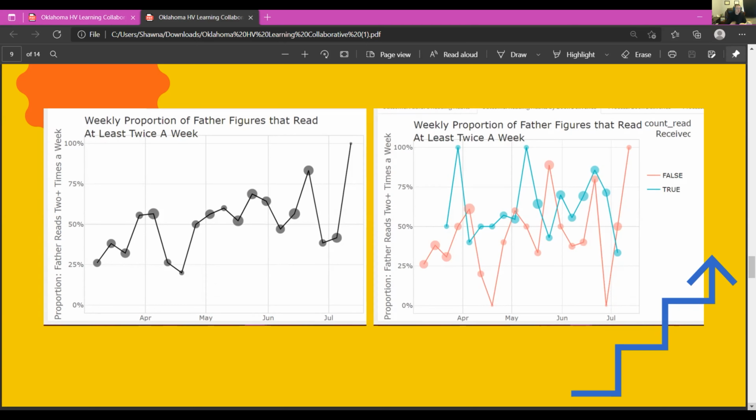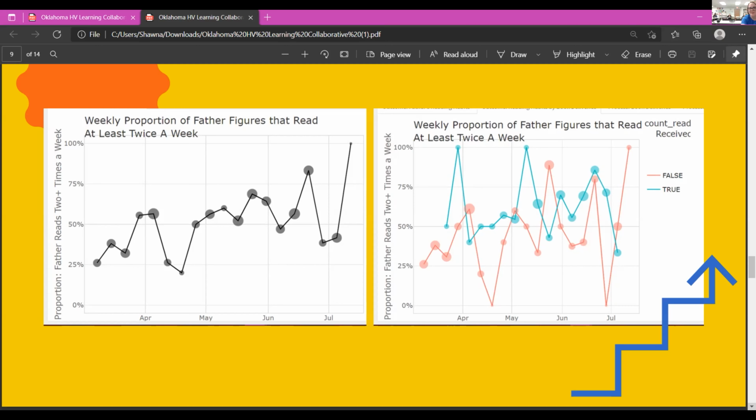Over time, while both groups do trend upwards, it looks like the families that were given a book one week, the next week, that proportion of families that have read at least twice a week has crept upwards and generally outperforms those who were not provided a book. So both groups are trending upwards, but one more so, and that seems to be related to whether or not they've been provided books.